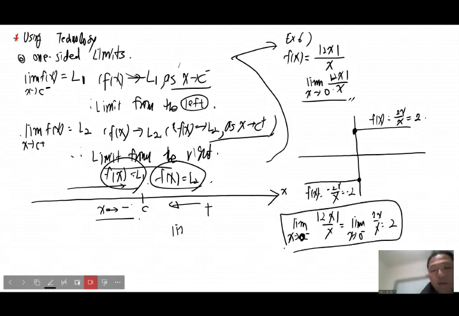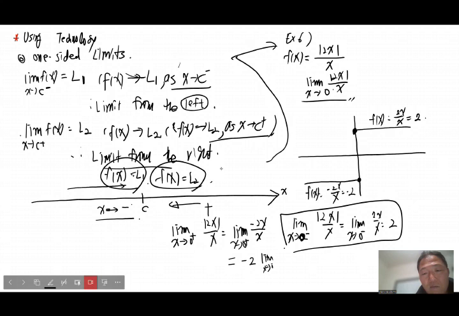And if x approaches 0 from the positive direction, in that case the numerator should be 2x and the denominator is x still. x goes to 0 from the positive direction, so that should be 2 times the limit of x over x, that is 1, so that's 2.